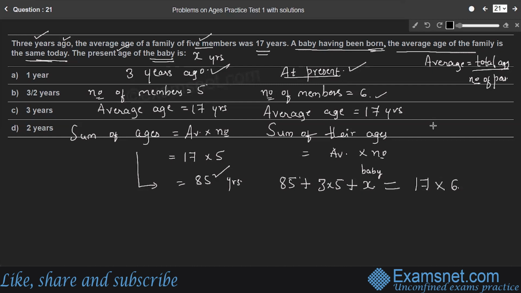So here 85 years is the sum of their ages 3 years ago, plus the sum of their ages at present.